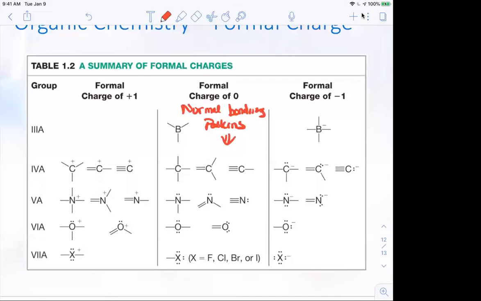So here, right, if I just look at that guy, carbon is supposed to have 4. If I look at half the bonding, I only have 3. So that's a positive charge. I have to be able to look at these different bonding patterns, these bonding patterns that don't really give me those normal bonding patterns, because when I have these, I'm going to have charges available to me.